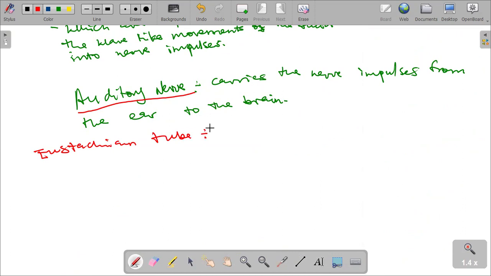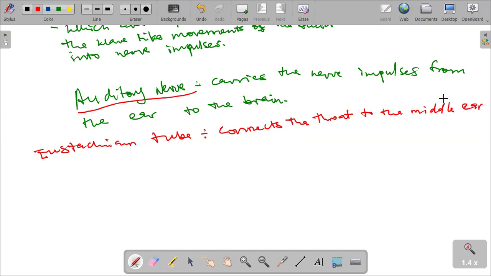One, we are saying it connects the throat to the middle ear.